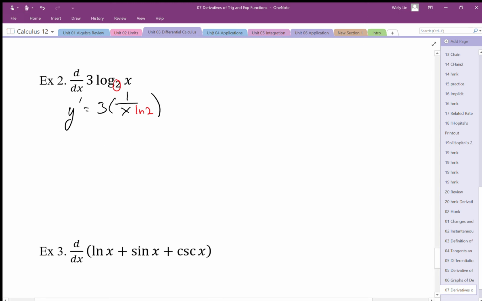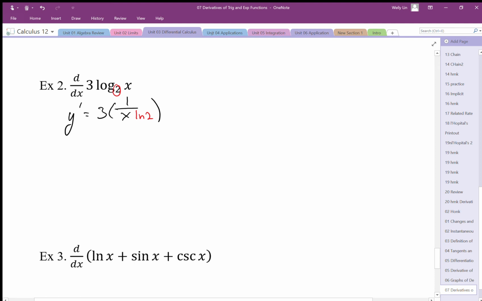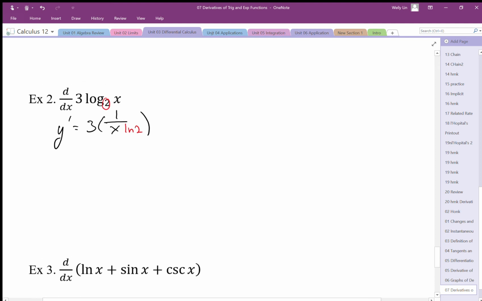Now this one here, we do have some log properties. So instead of dealing with that extra log 2, this is what I'm going to do. I'm just going to use change of base. I can change any log into any base I want. So I'm going to change this into 3 times log base e of the argument divided by log base e of the base.